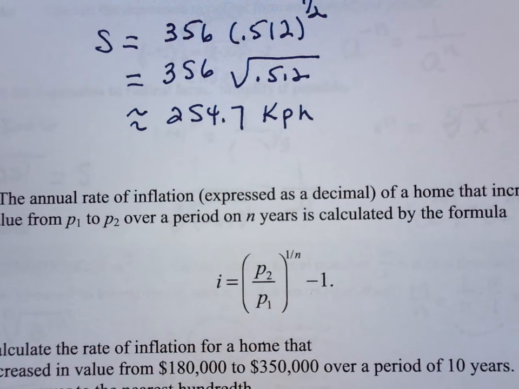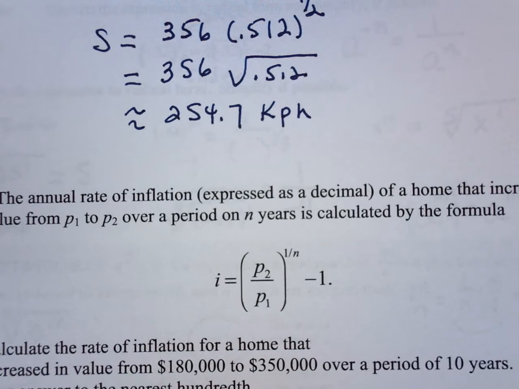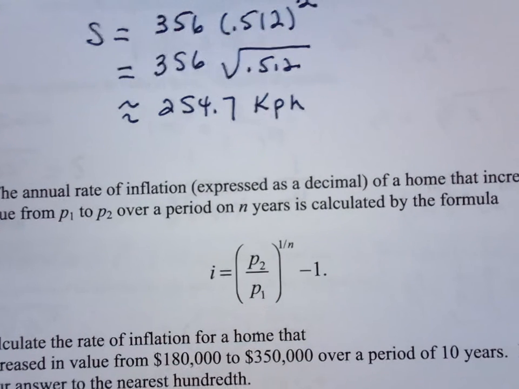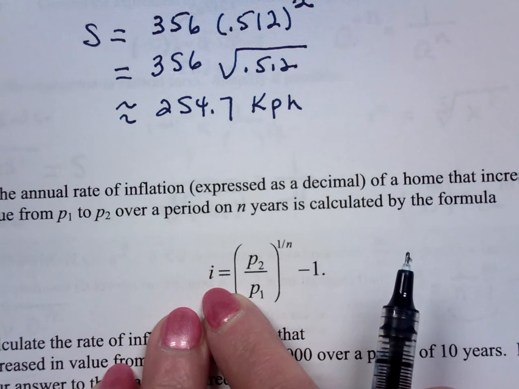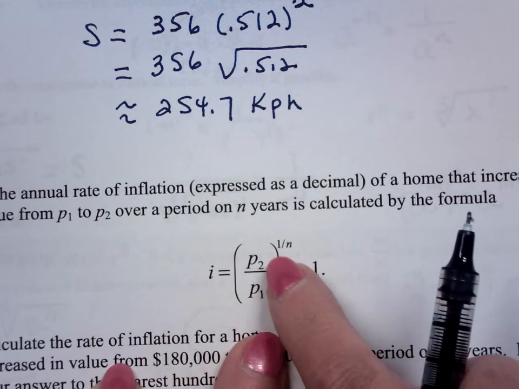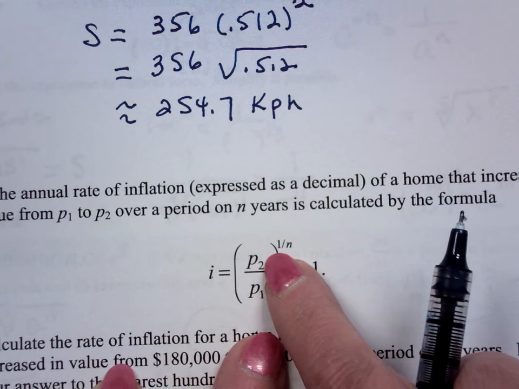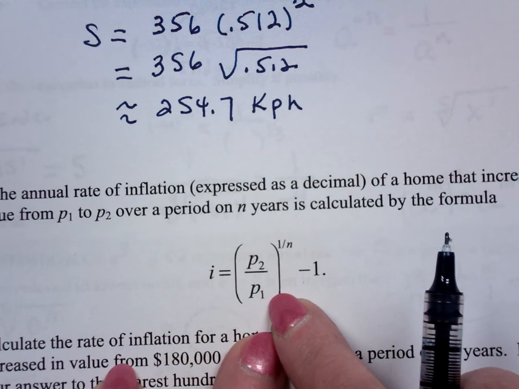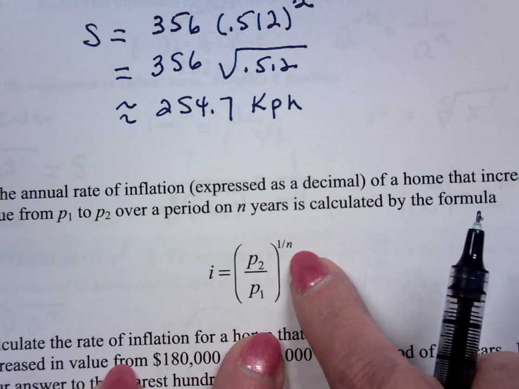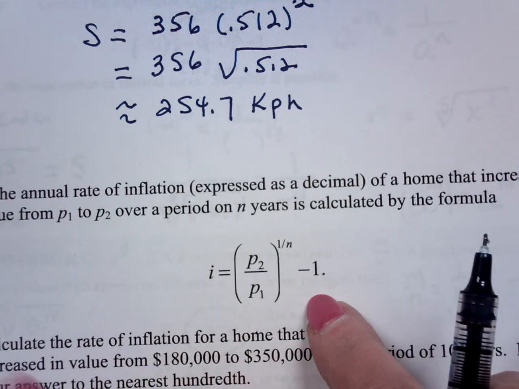The annual rate of inflation expressed as a decimal of a home that increases in value from P1 to P2 over a period of n years is calculated by the formula: inflation rate equals P2, the newest year, divided by P1, the oldest year, to the 1 over n, where n is the number of years, minus 1.